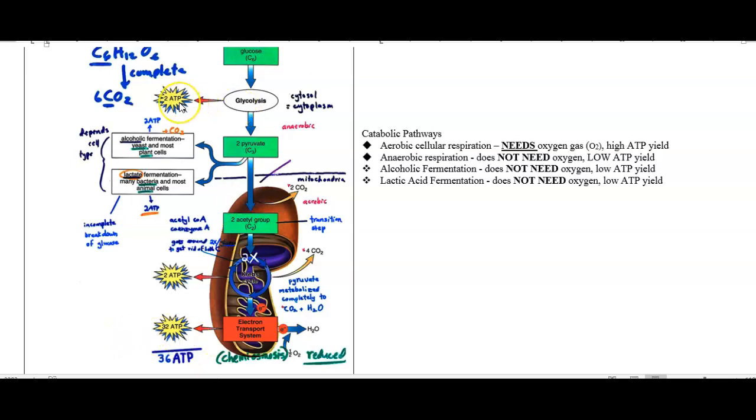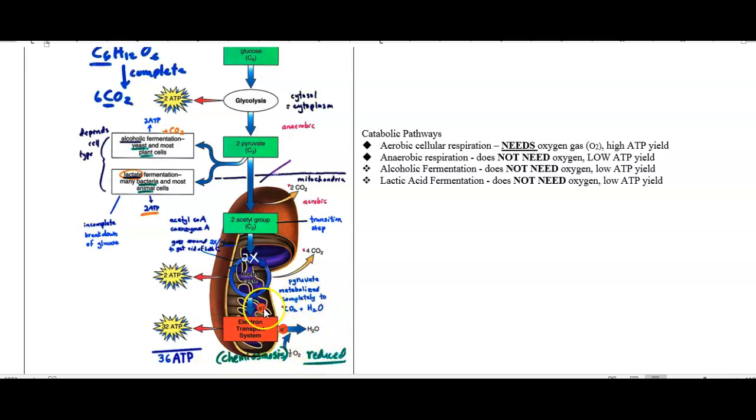So 2 ATPs up here through substrate phosphorylation, 2 down here in the Krebs cycle through substrate phosphorylation, and 32 down here through oxidative phosphorylation using chemiosmosis, electrons, and electron carriers. A total of 36 ATP. That number will actually depend on the health of the cell and other things, but 36 ATP are possible.